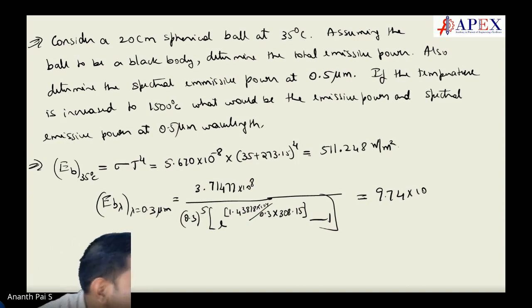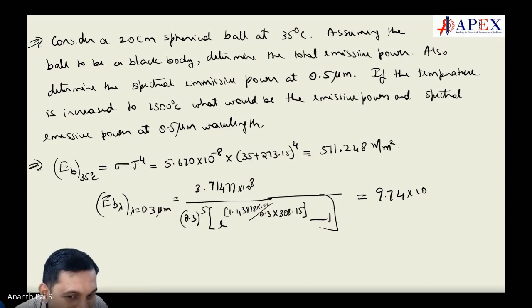Possible, because it is 0.3 micrometer. I am sorry, I have not used the 10 power minus 6, right? Raised to 5. This is what you used. You did not do that. But fine. So 0.3, fine.